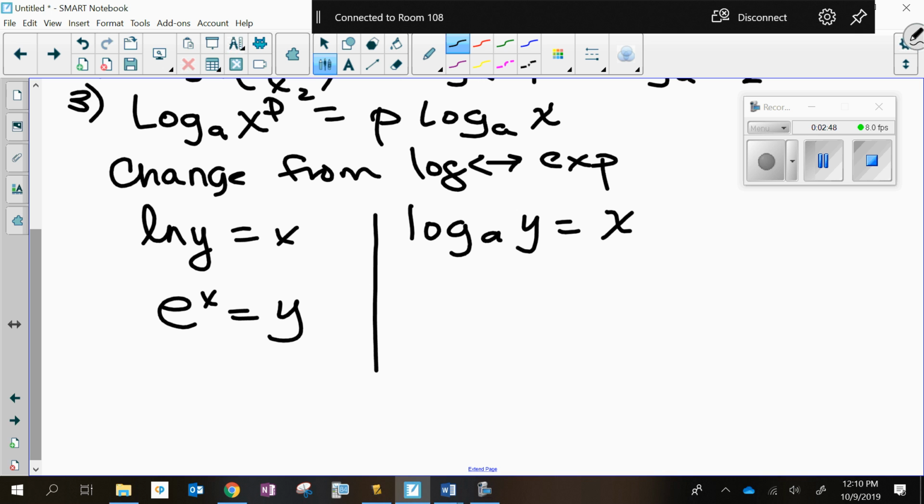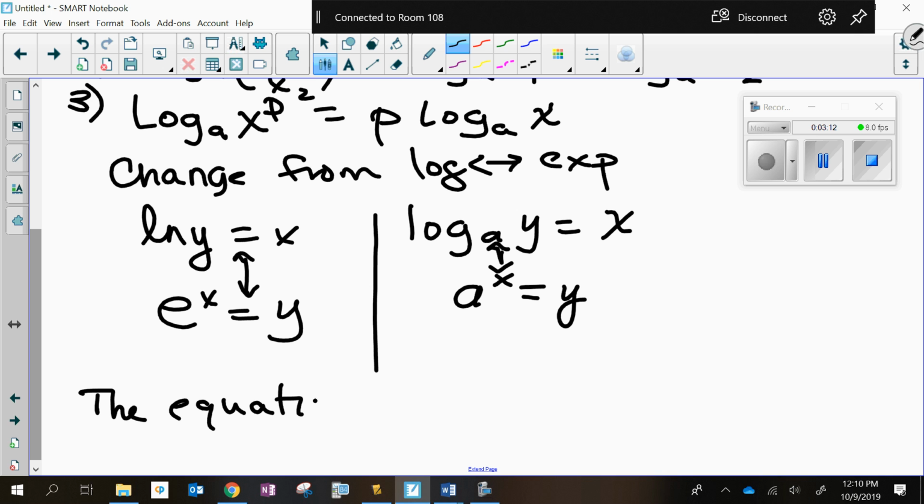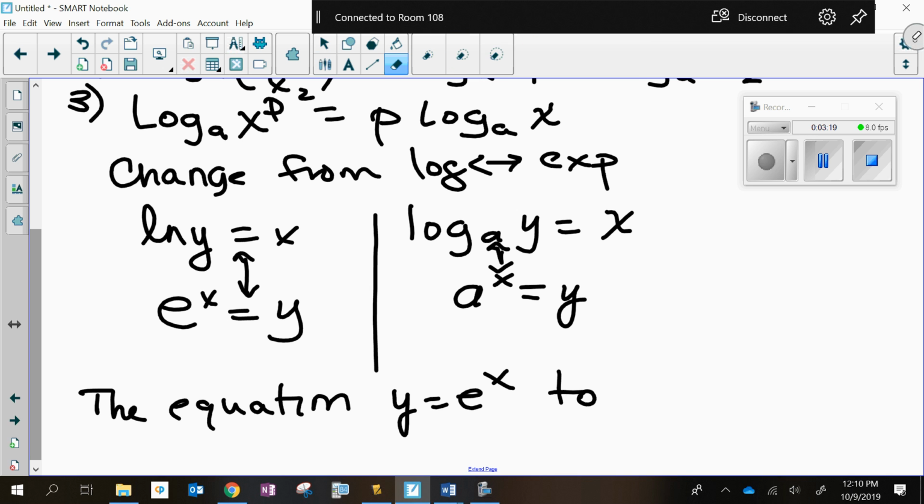All right, how does that change? Riley, let me ask you. You're going to go this direction or whichever direction. And what do we usually use? y equals e to the x to do.